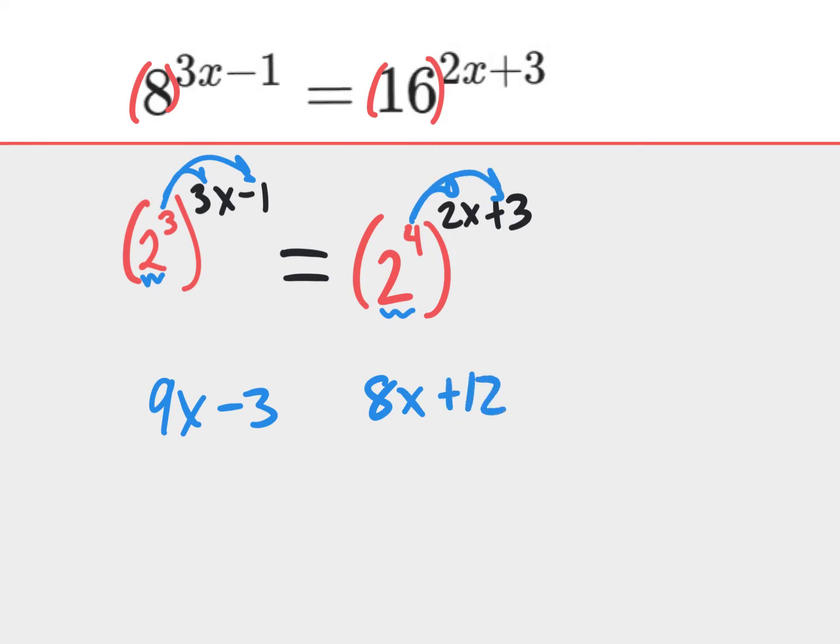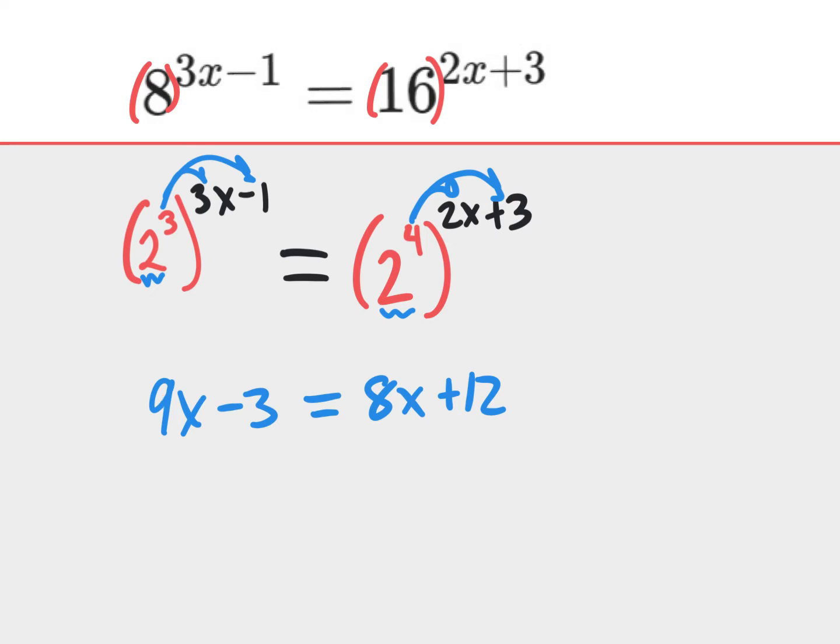And of course, these did have the base 2 on them with an equal sign between them. But we said that we could eliminate those bases once they're identical. So we could eliminate this base 2 with that base 2. And technically, the exponents come down and become a regular equation. So now let's just solve this algebra 1 equation.